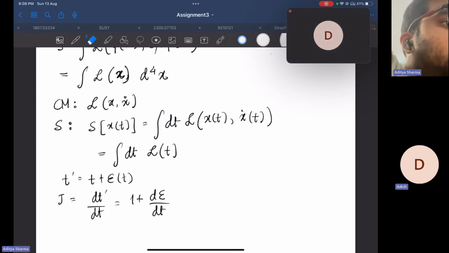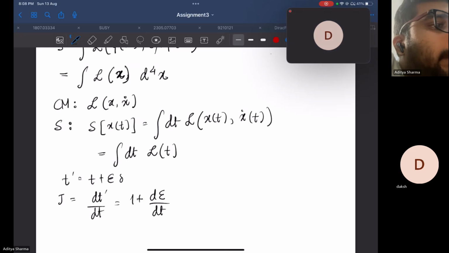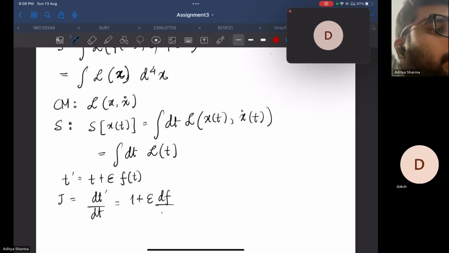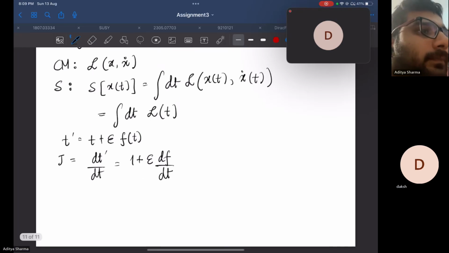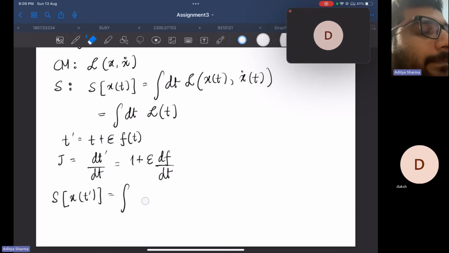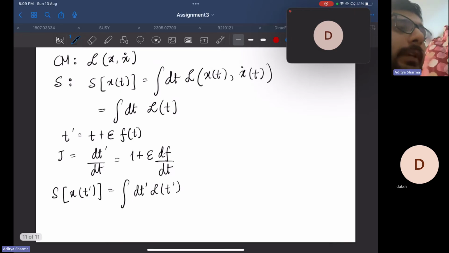It is dt prime by dt is equal to 1 plus d epsilon by dt. So I will write this as epsilon times some function f of t, where epsilon is some parameter. Then my action in terms of the new trajectory x prime of t will become the integral dt prime L of t prime.